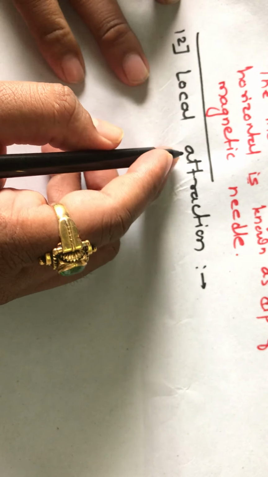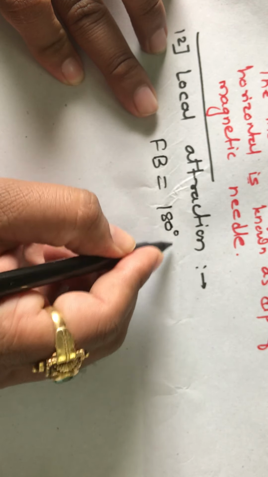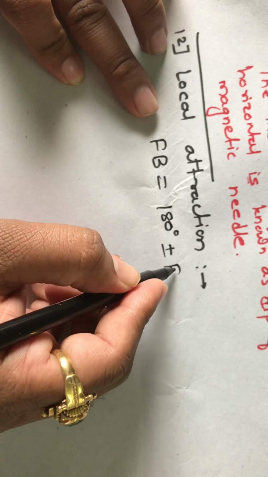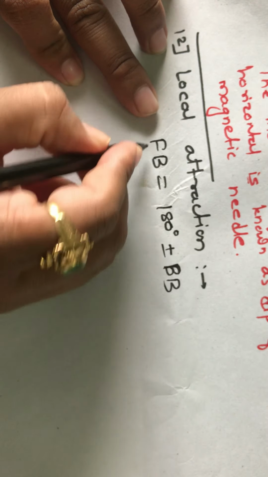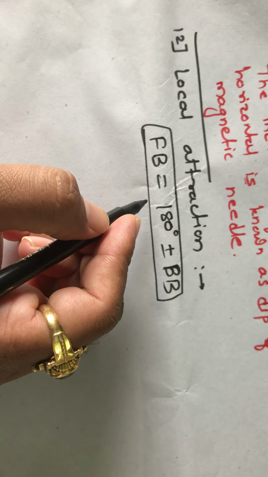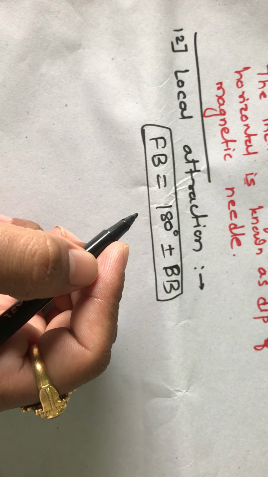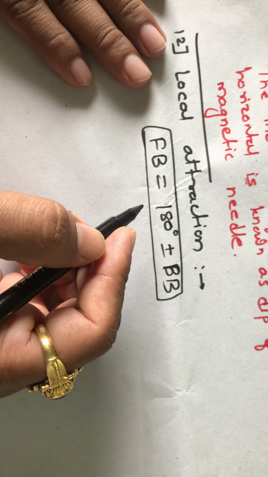Now, how do we detect this local attraction? We know the forebearing and back bearing of a line. What is the difference between forebearing and back bearing? The difference between forebearing and back bearing is 180 degrees.